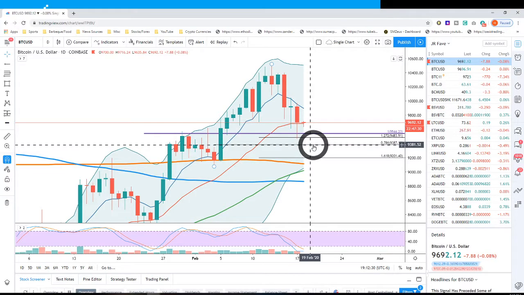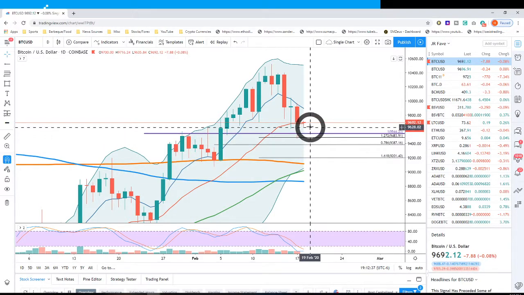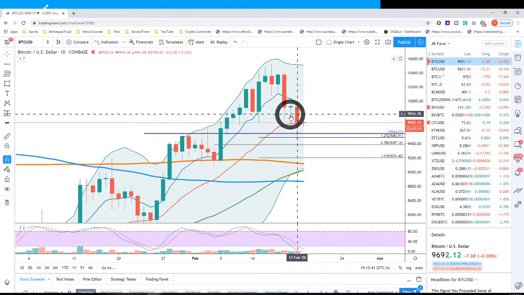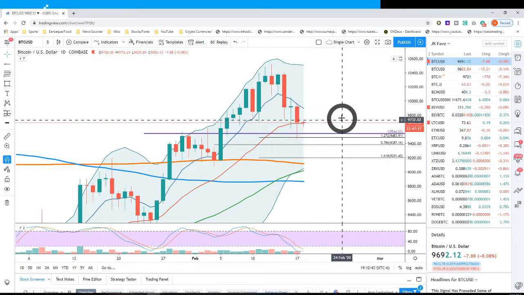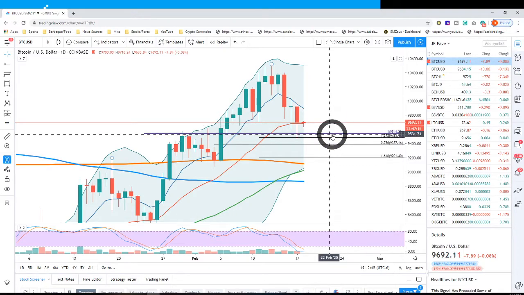So if you're willing to risk 5% on a longer term chart, then you're buying here. Okay? Hopefully that helps. I don't think anybody should ever lose more than 5% on a trade.